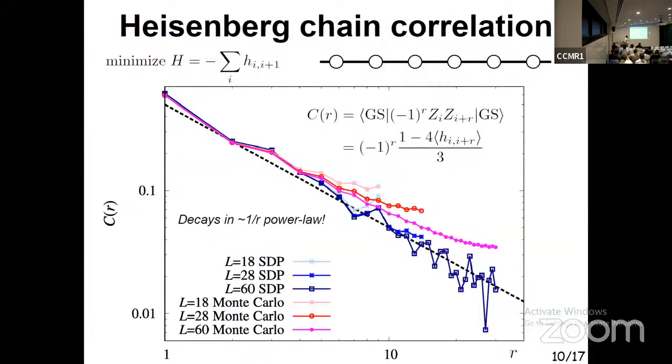Which brings us to the question of how it performs for general cases. For example, we can look into the Heisenberg chain case, which is just a one-dimensional cycle. The nice thing about looking at the semi-definite programming solution is that we can calculate all sorts of observables from the moment matrix, because although it's not a true state, it has information about all the correlations.